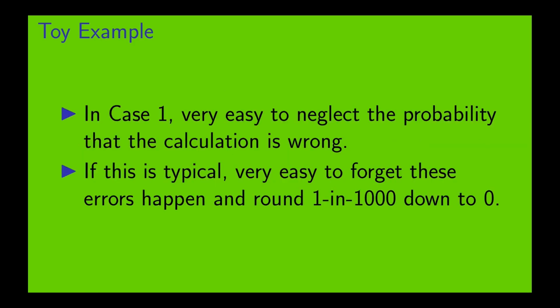In case 1, where we had a 30% probability, it was very easy to neglect the probability that the calculation is wrong. If situations like this are typical, it is very easy to forget these errors happen and round 1 in 1,000 down to 0.